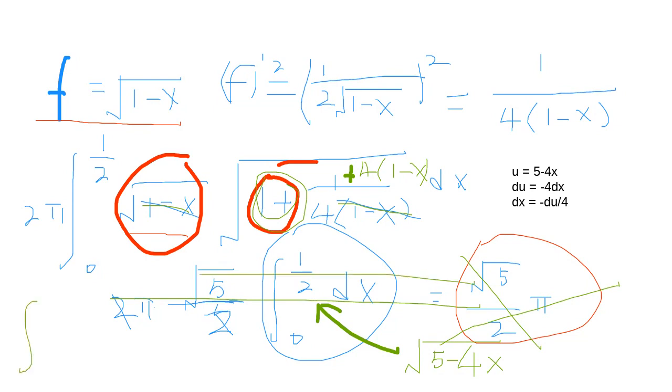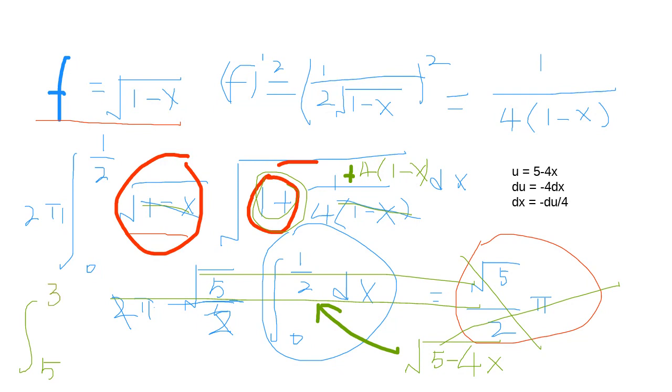So the limit needs to be: if x is 0, u is 5. If x is equal to half, 4 times a half is 2, and 5 minus 2 is 3. Right?